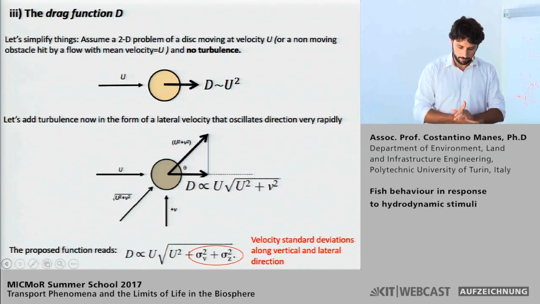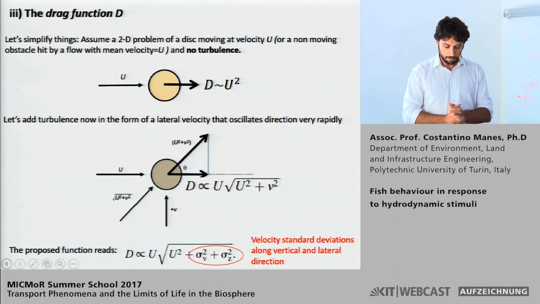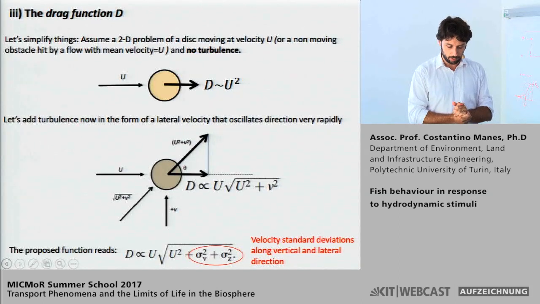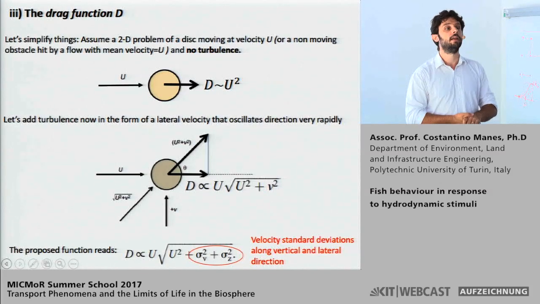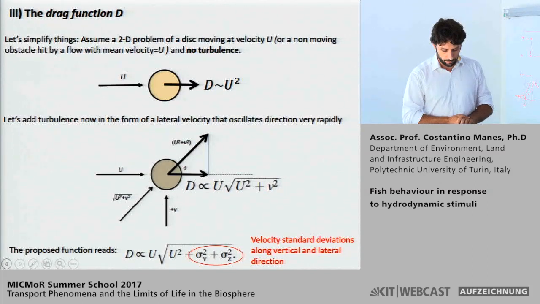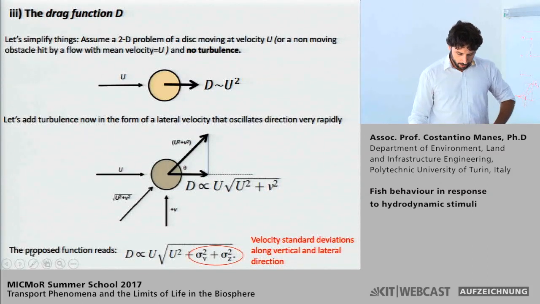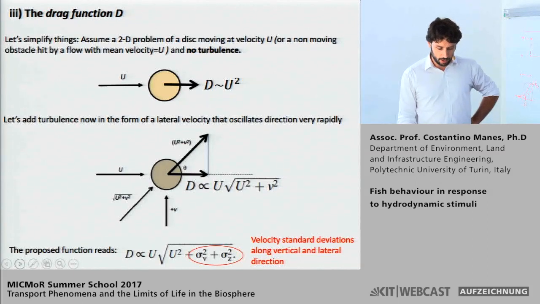If not, well, the idea is to test this hypothesis with experiments, but we thought this was the best candidate to describe energy consumption by fish while swimming in a hydrodynamically complex environment. So, let me comment a little bit more on this drag function.